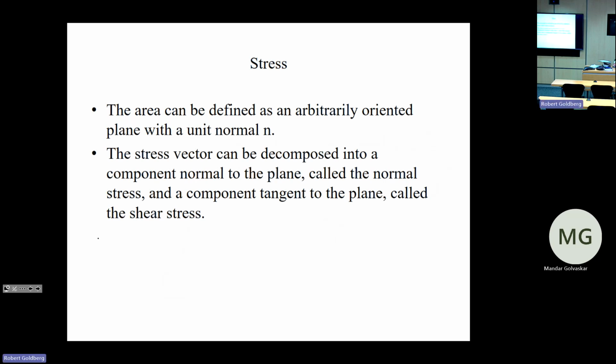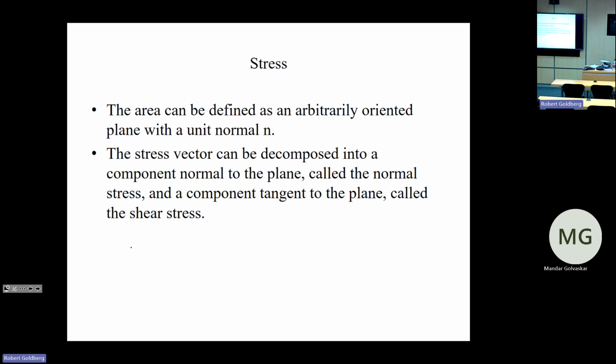So the stress vector can be decomposed into a component normal to the plane, which is called the normal stress, and a component tangent to the plane, which is called the shear stress. So first we'll draw that here. Imagine here's our plane, and we have our normal vector n, which is normal to the plane, and we have our traction vector acting at some arbitrary angle.